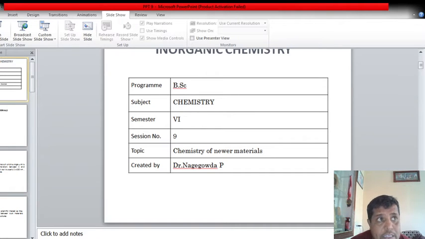But actually the substances we use are around 1 to 100 nanometers. That is the useful definition of the nanoscale, and that is what we use. Nanoparticles are of great interest.